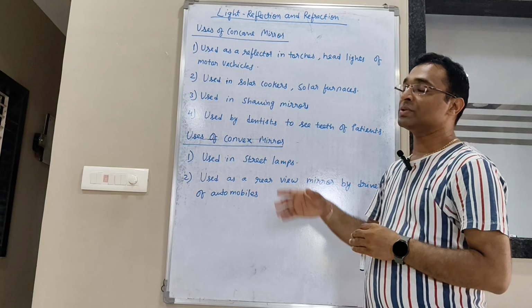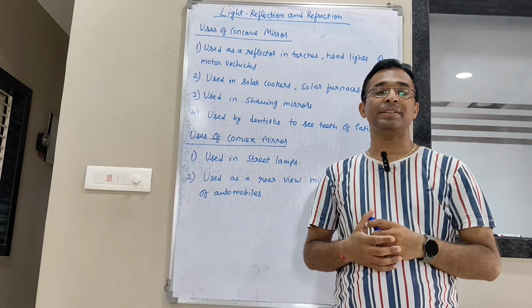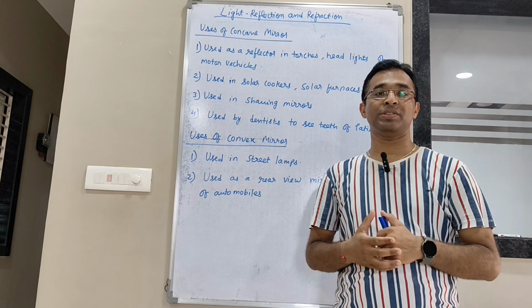For the rear view, we use a convex mirror as it produces virtual and diminished images. We will discuss this image formation in the next part, but here the major use of the convex mirror is as the rear view mirror in the automobile industry.